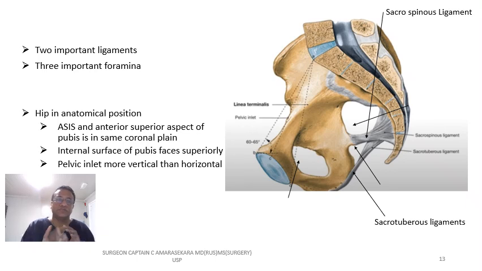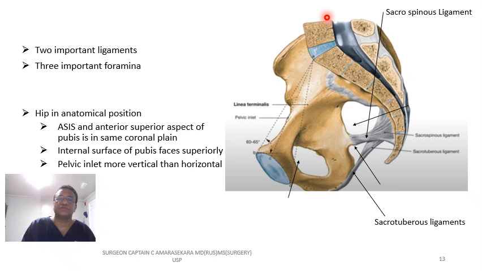So there are two important ligaments. What are they? Sacrospinous ligament, this is your sacrospinous ligament, and the other one is the sacrotuberous ligament. So they are making these important passageways.